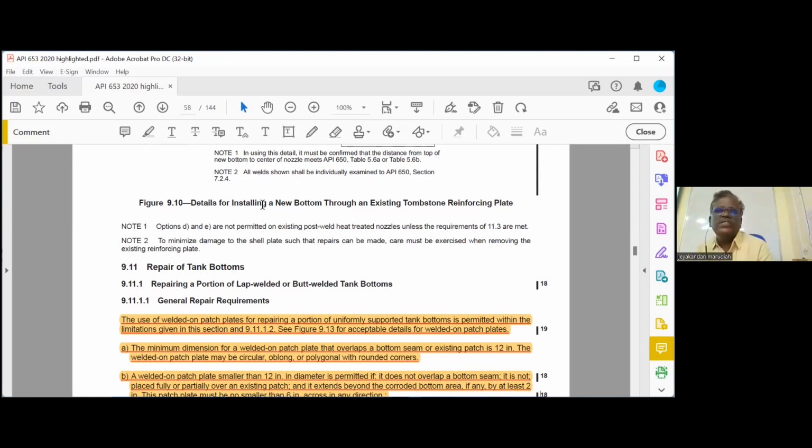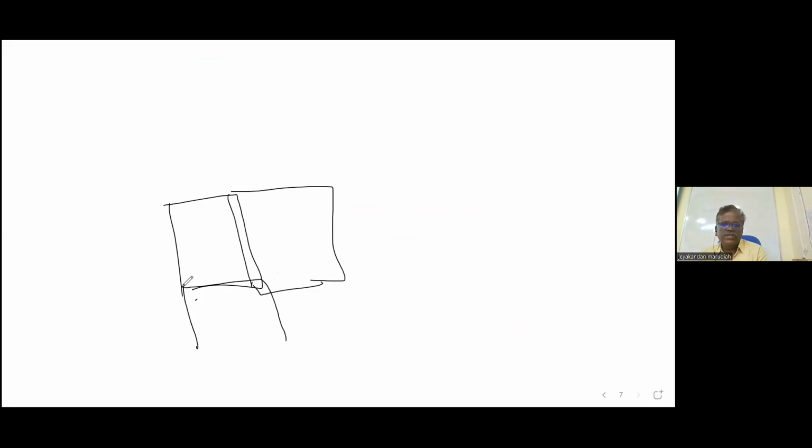Suppose, see, this is my bottom. I will explain it. I have a bottom plate like this, which is overlap. Now I want to put a patch plate for a corroded area. Then my patch plate size, minimum 6 inches is sufficient.